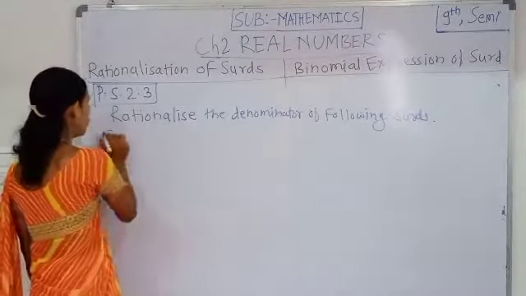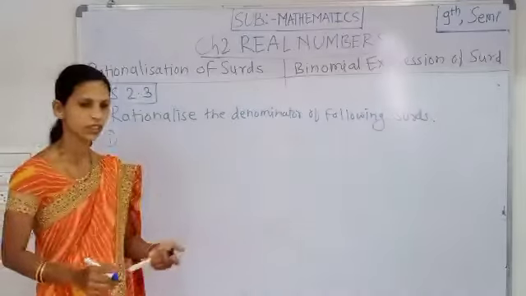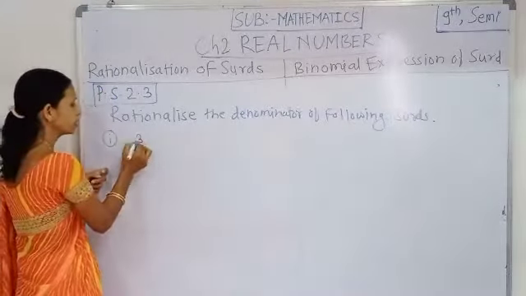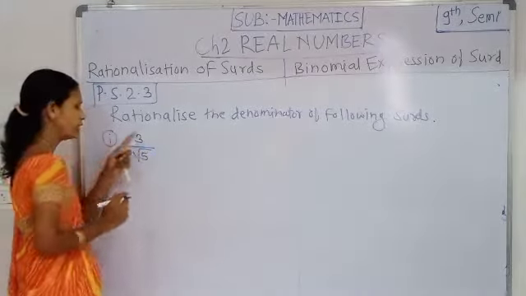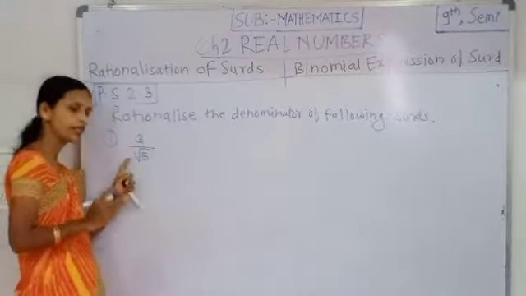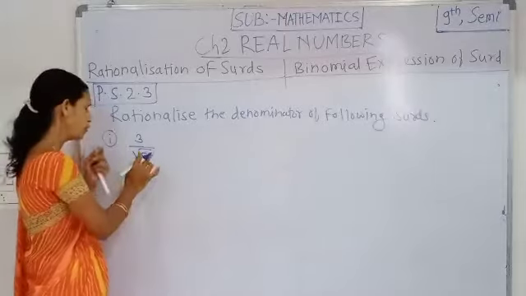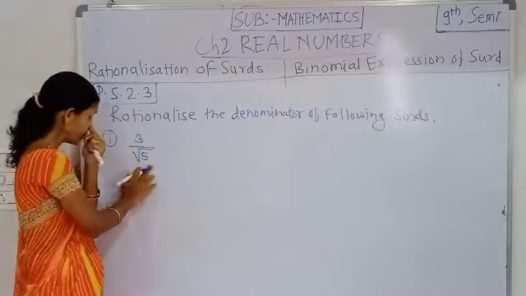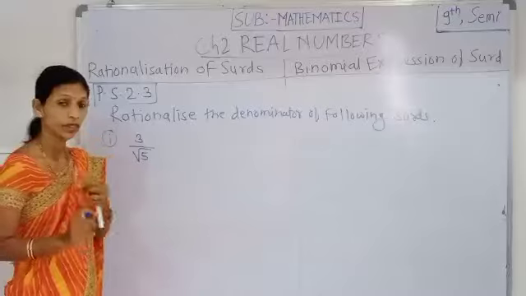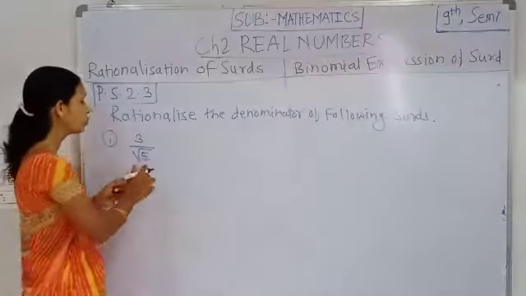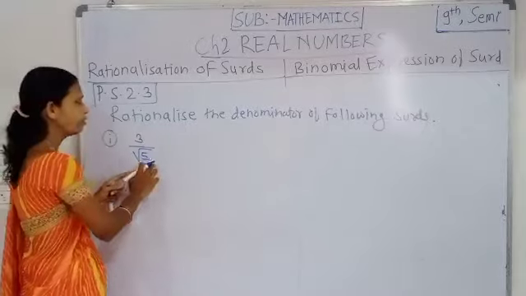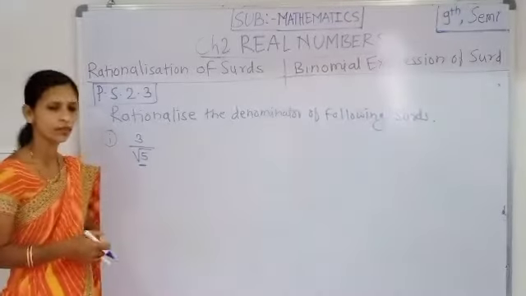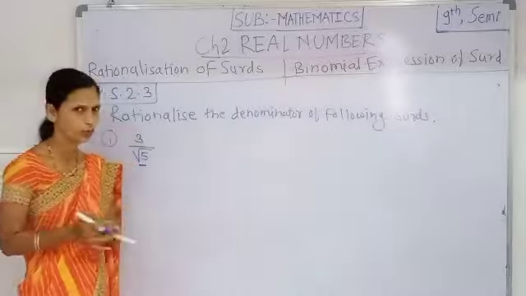One of the examples given here is 3 upon root 5. In this example the denominator is root 5. We have to convert that root 5 into a rational number without changing the value.